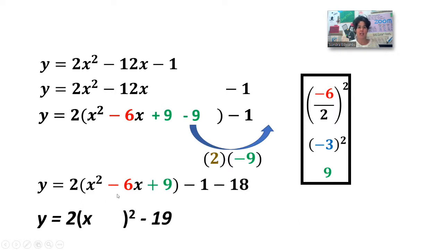You can factor x squared minus 6x plus 9, but the shortcut is this number is always going to be b divided by 2. So negative 6 divided by 2 is negative 3. And when I simplify negative 1 and another minus 18, we have negative 19. From there, you could find the vertex and make your sketch, but I'm just going to focus on the process of completing the square.